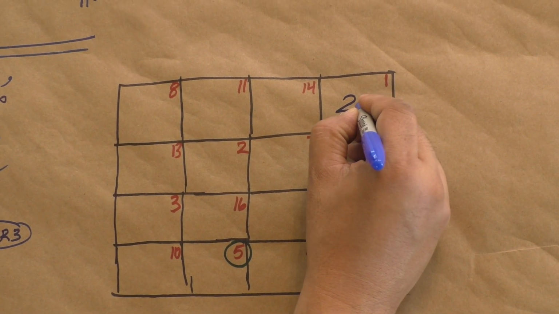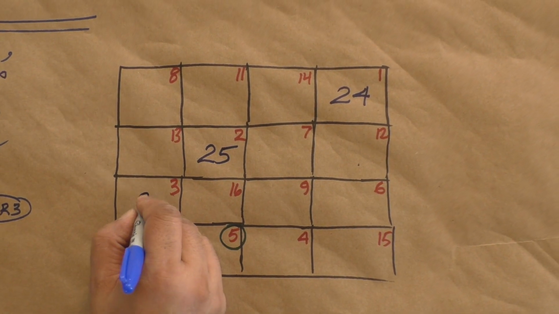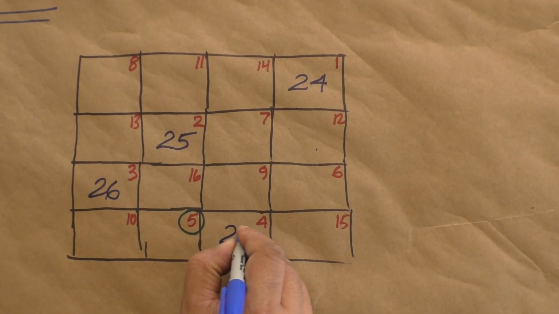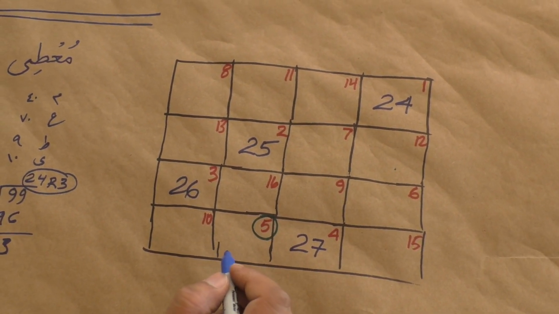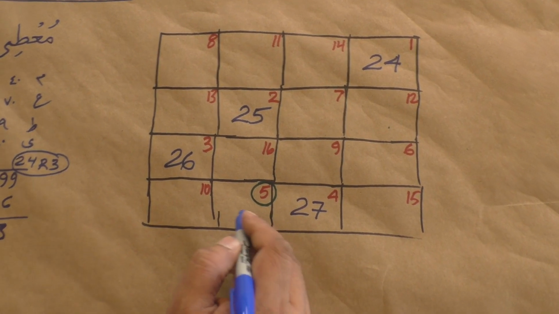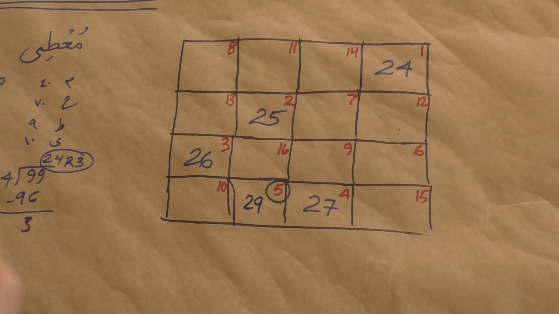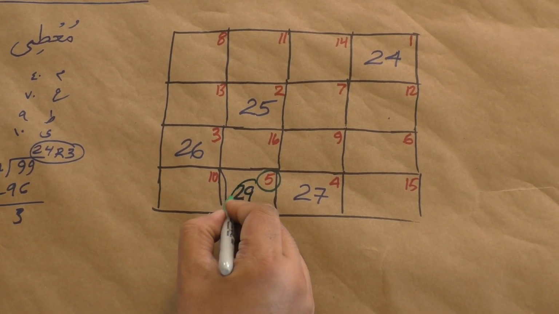So we start with that number, 24, 25, 26, and number 4 is 27. So right away, we have to make an adjustment from the 5th square on. So instead of 28, we're going to write 29. And I want to use the green from this point on.